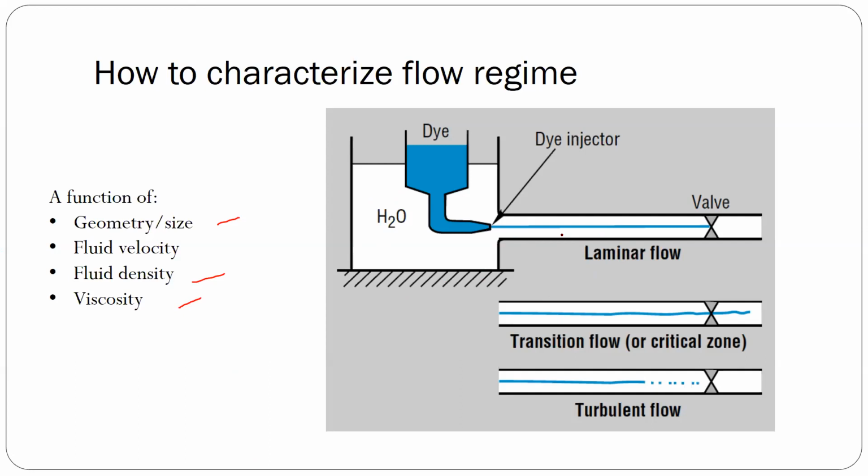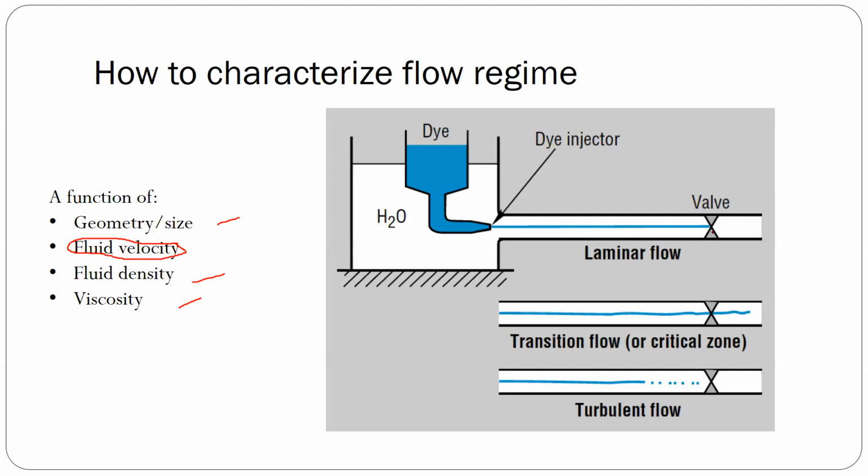But the genius about this setup is that we can perhaps just vary one factor, which, of course, the easiest one to vary is your fluid velocity. So all we have to do is to perhaps try to vary the opening here, or the amount of fluid that can be allowed by the valve to pass through.